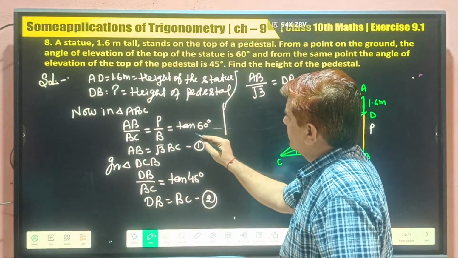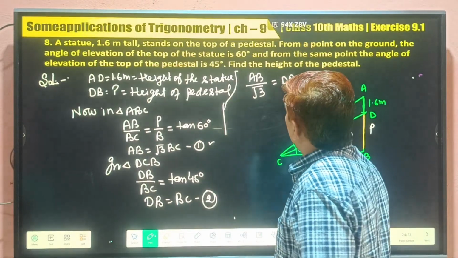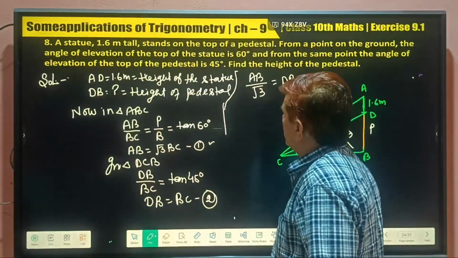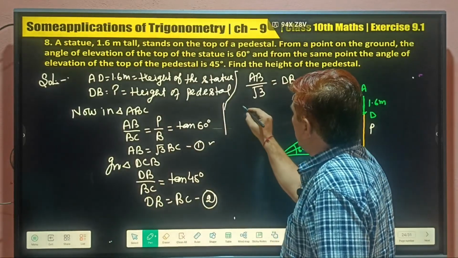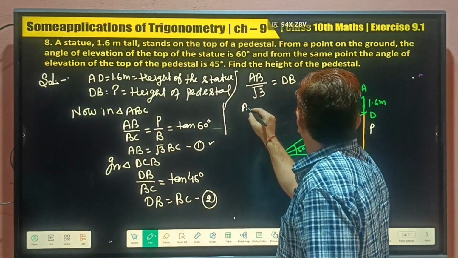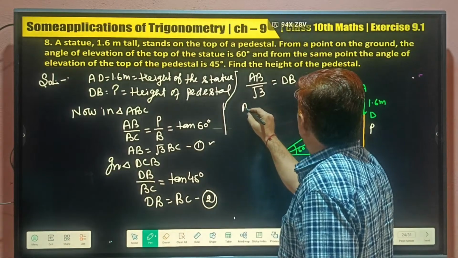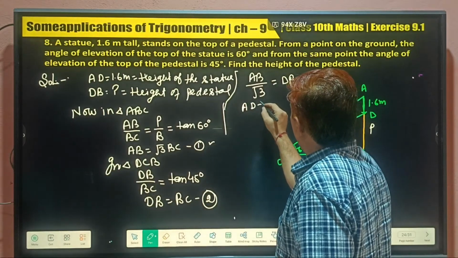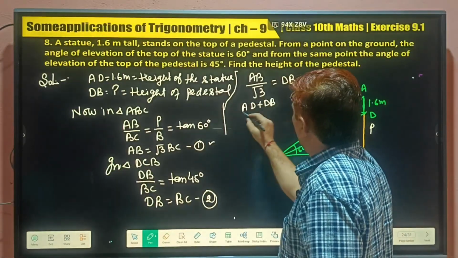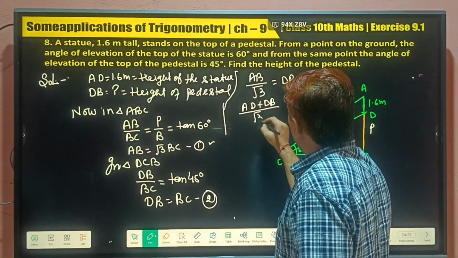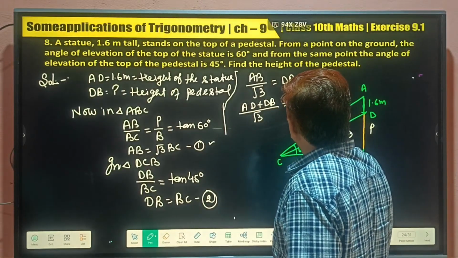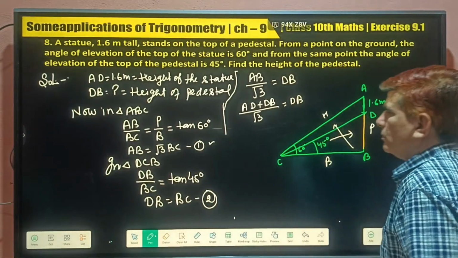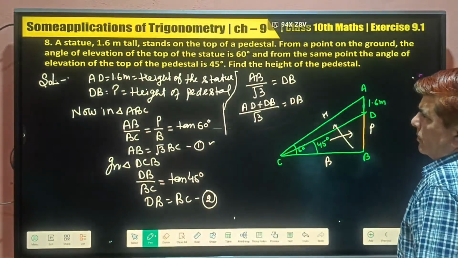From this first, AB we can write AD plus DB, by under root 3 is equal to DB. Yes or no?